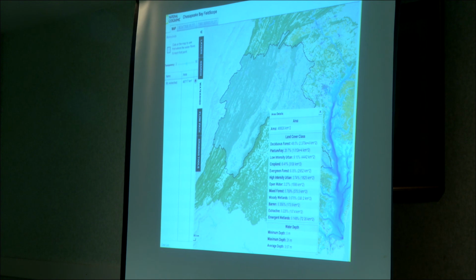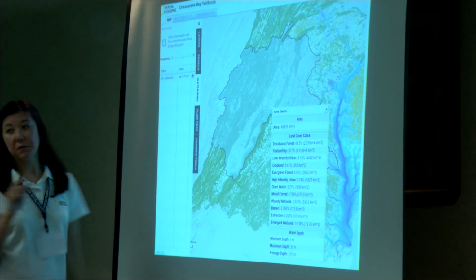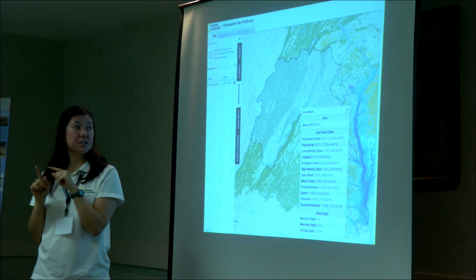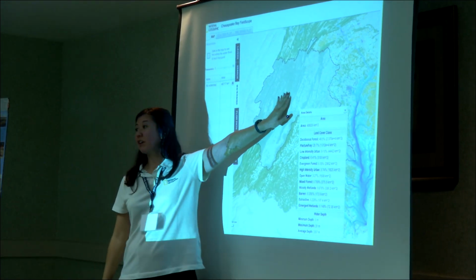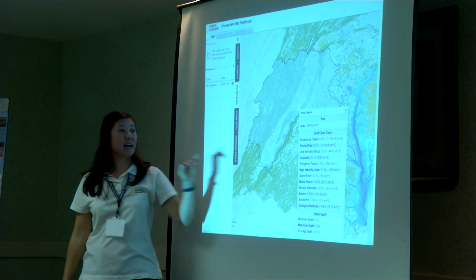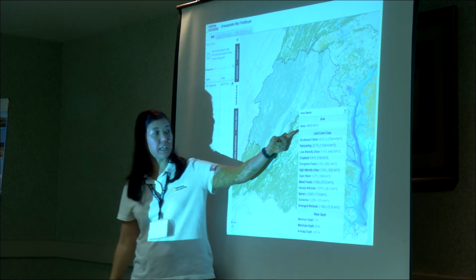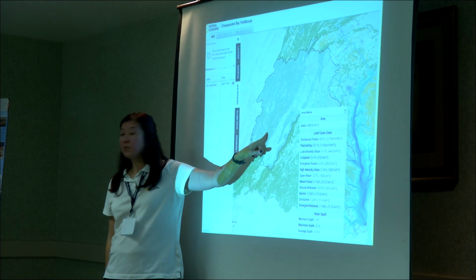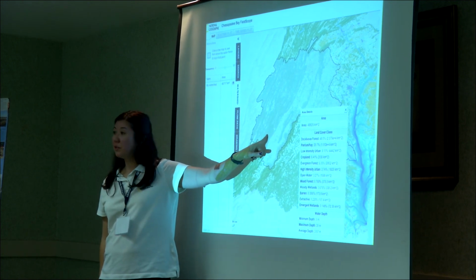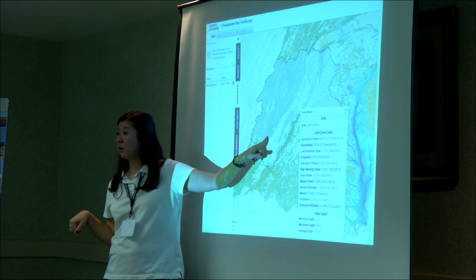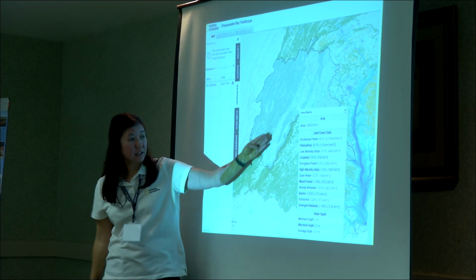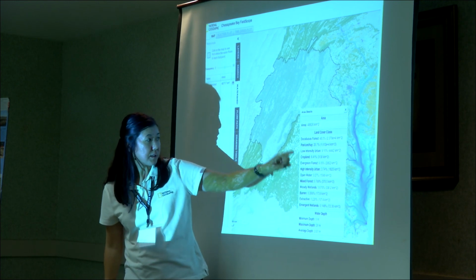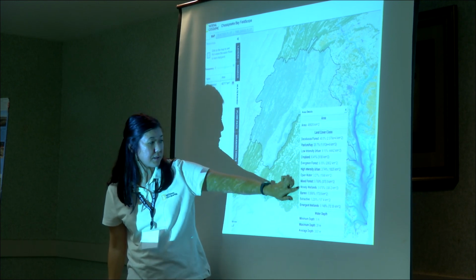But this becomes a little more interesting. Remember that query polygon tool in the toolbar? I clicked on that, and then I clicked in my watershed. Because I had the land cover layer checked, it's giving me the land cover in my watershed. So you could find your particular school and then find what the land cover is like in your watershed. And that might tell you a lot. For example, in this particular watershed, I'm looking for impervious surface.